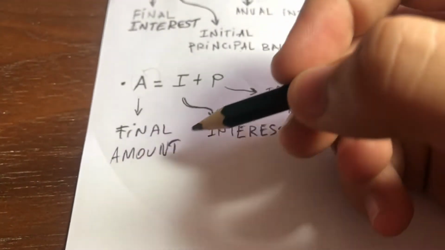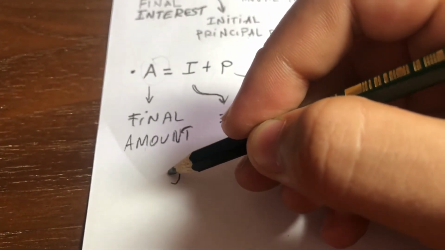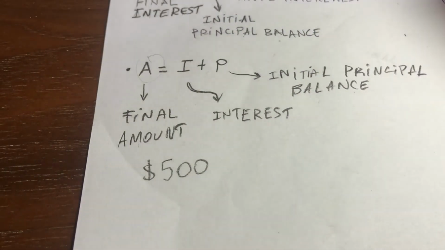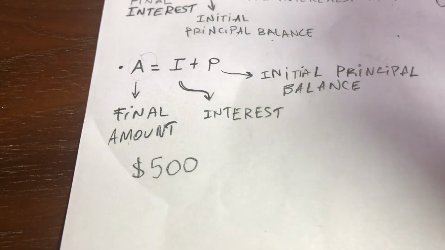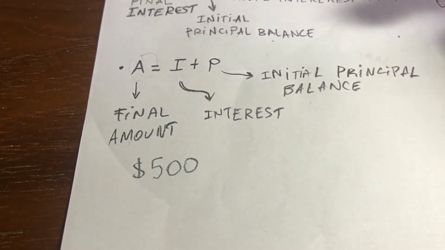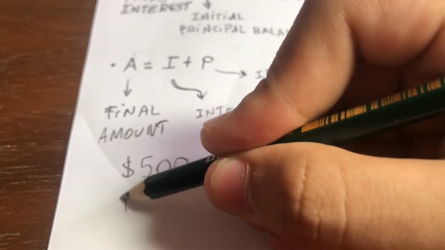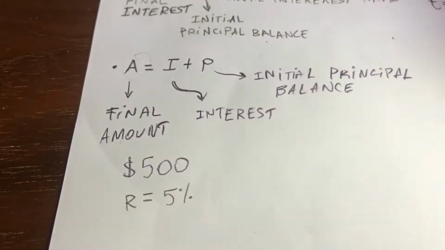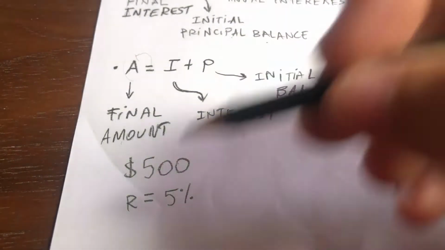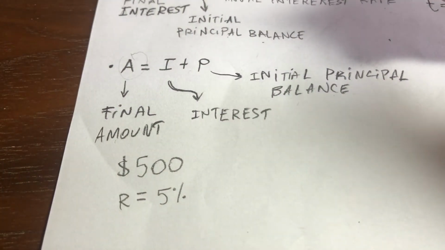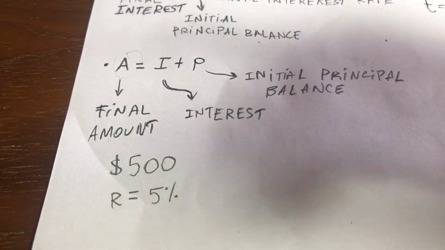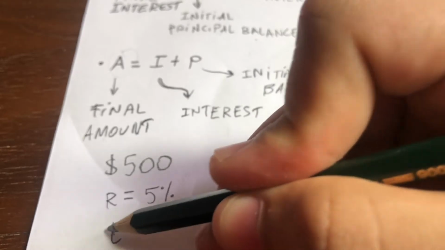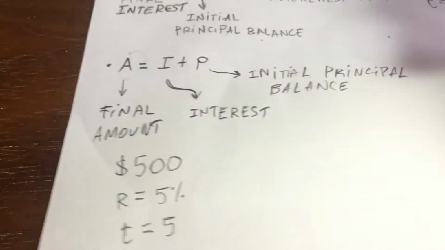For example, let's say that I borrow $500 from the bank. However, the bank offers me an annual interest rate of, let's call it, 5%. And now I want to pay this money back 5 years from now. Time equals 5 years.